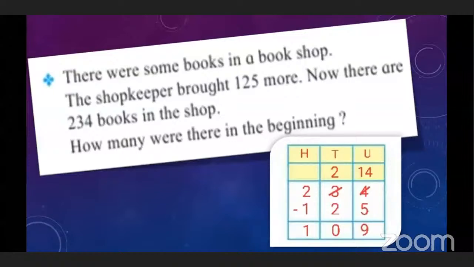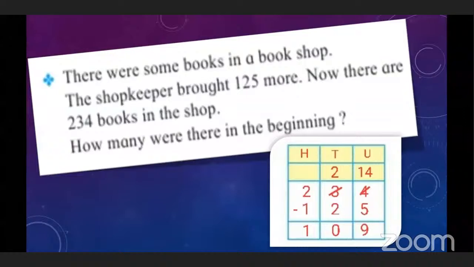So I have solved it here for you with hundreds, tens and units. For this, we write the total books, 234 altogether, so we write that number. After that we subtract whatever books were brought by the shopkeeper, that is 125.